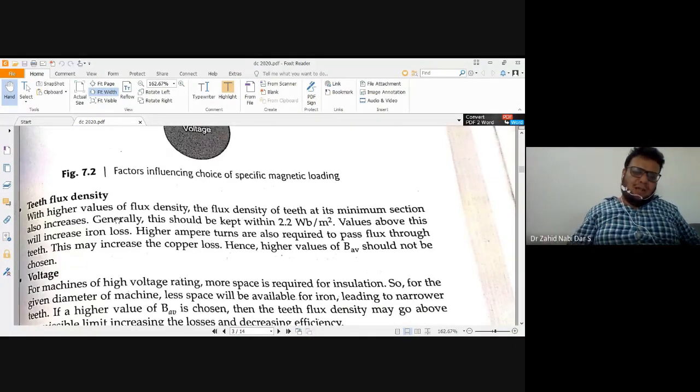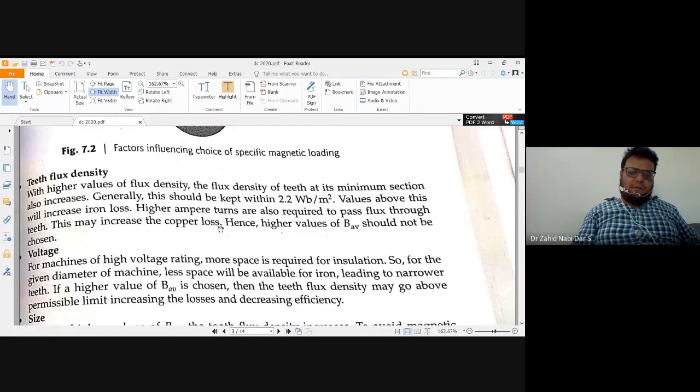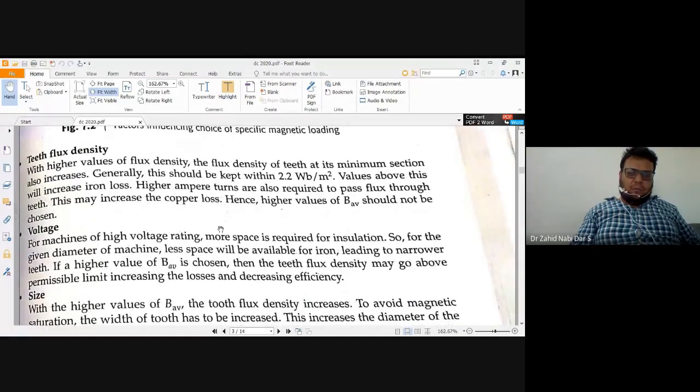Any loss results in heat, and that will also increase the temperature of the machine. You will also require a higher number of ampere turns to pass flux through the teeth, and this may increase the copper loss as well. Hence higher values of BAV should not be chosen.